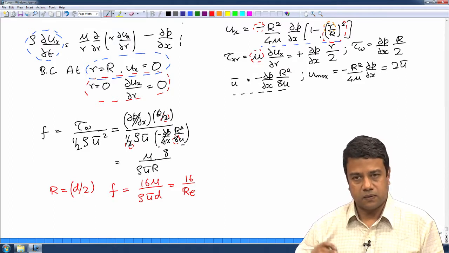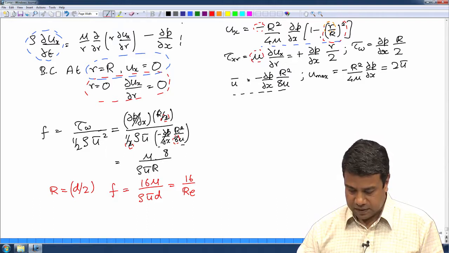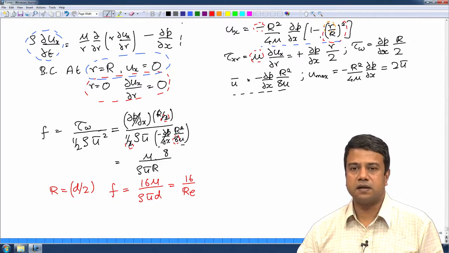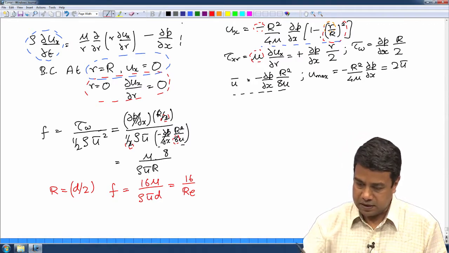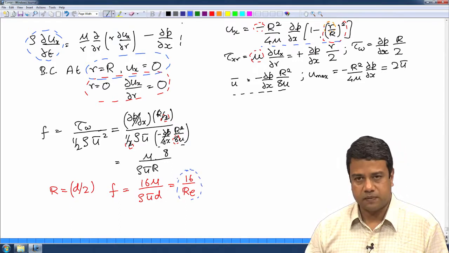We had calculated the wall shear stress, and from that we had written down the friction factor as the ratio of the wall shear stress divided by half rho u square, and once I did that, I got the friction factor entirely in terms of the Reynolds number for a laminar flow. And that expression is the standard expression for friction factor in a pipe.